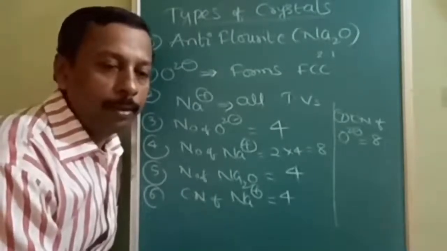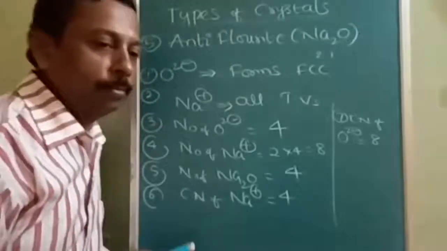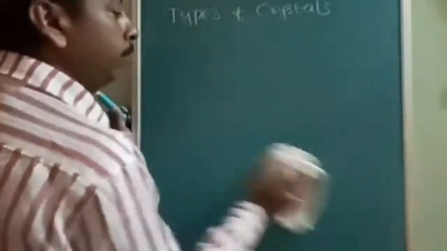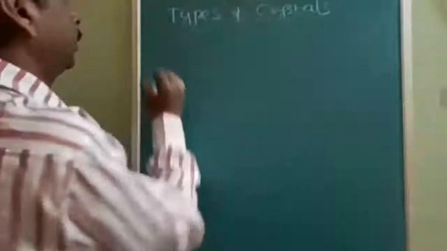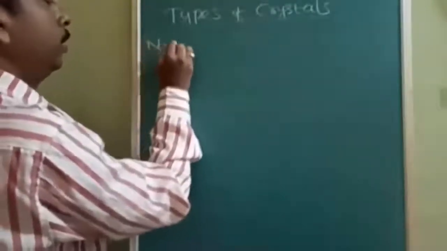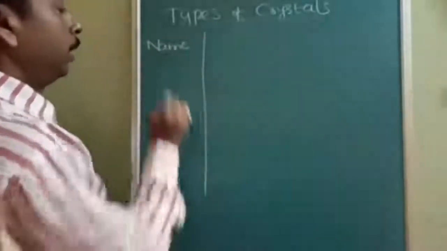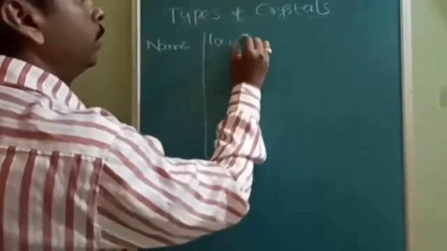So I expect all of you to make a tabular form. I will suggest the format, then you should complete it after thoroughly going through this. First write the name of the crystal, like rock salt, CsCl. Then write location.